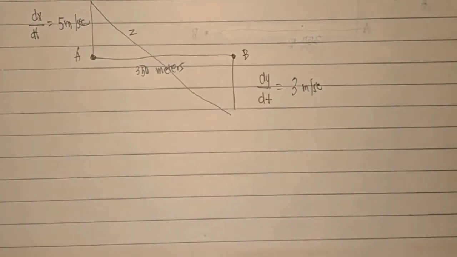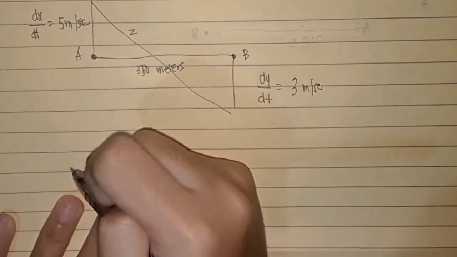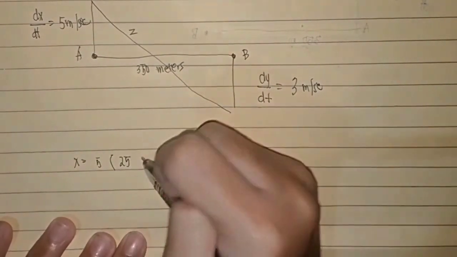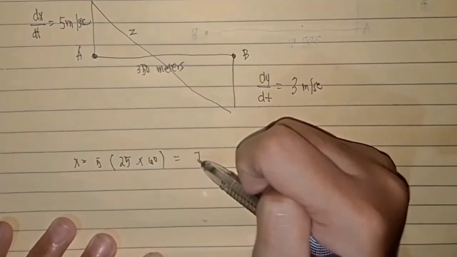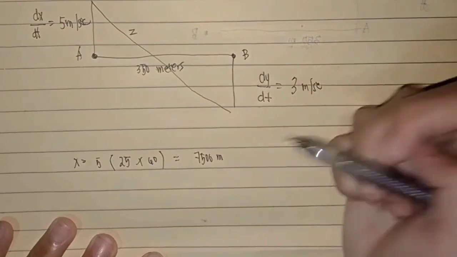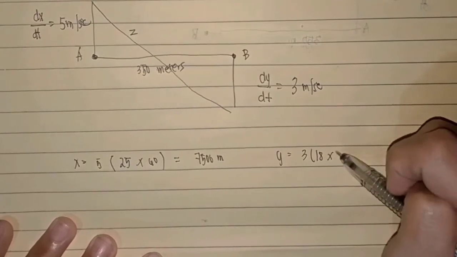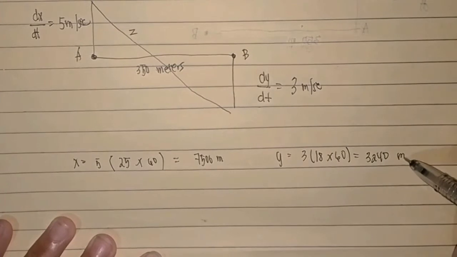Ngayon, i-convert natin sa seconds yung time na meron tayo kasi ang rate sa ating given problem are all in meters per second. x equals 5 times 25 times 60 is equals to 7,500 meters. And then y equals 3 times 18 times 60 is equals to 3,240 meters.